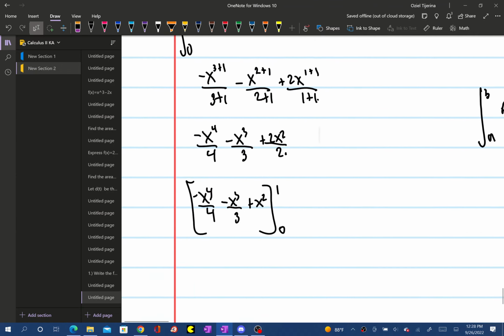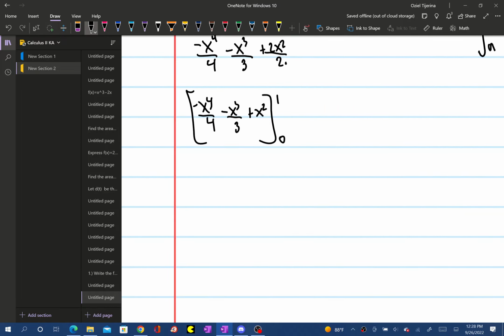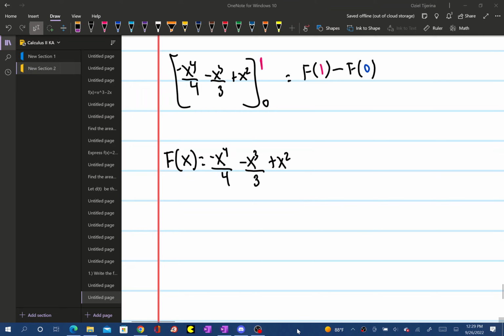Okay. So now we're going to do negative the quantity. So the idea is you're going to do f of 1 minus f of 0. So it's the same thing that we've been doing. So we have f of 1, and we're going to evaluate it.